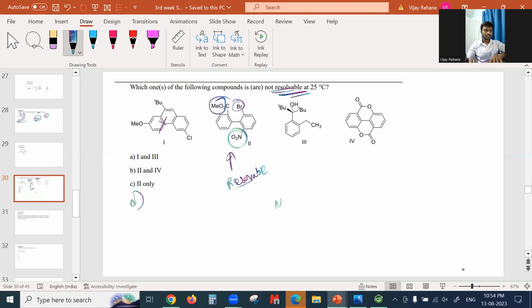Right? And if you see this one, it has a tertiary butyl group and a hydroxy group. For its optical isomer, the hydroxy group here is on the dotted line, and the other isomer should have the hydroxy group on the front side. At room temperature, because of this group and this entirely bulky group, this molecule behaves as an optically active molecule.